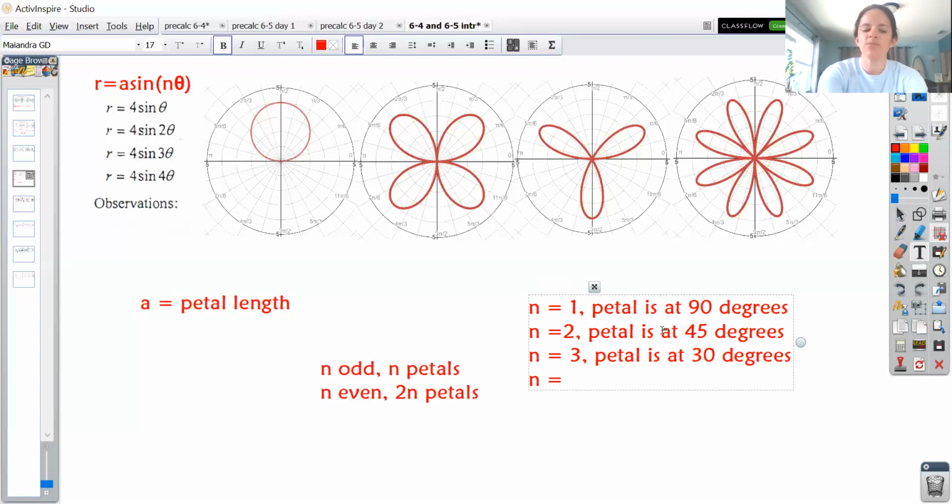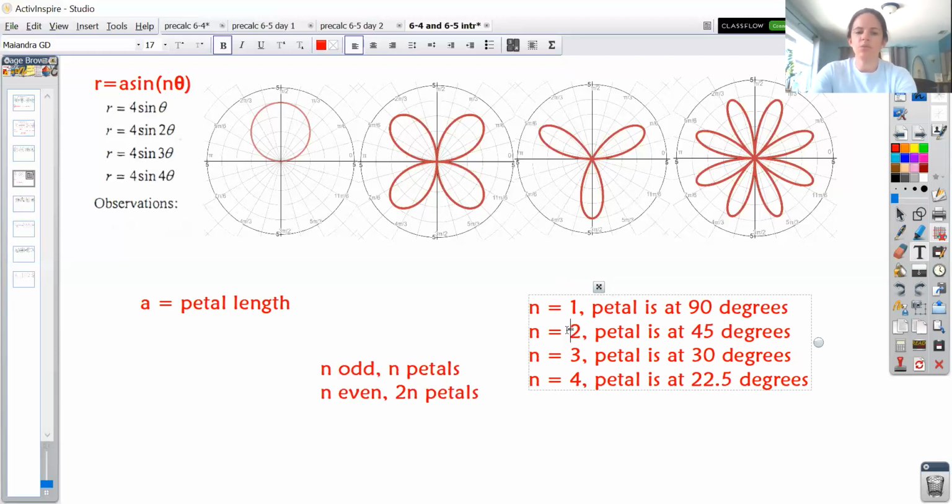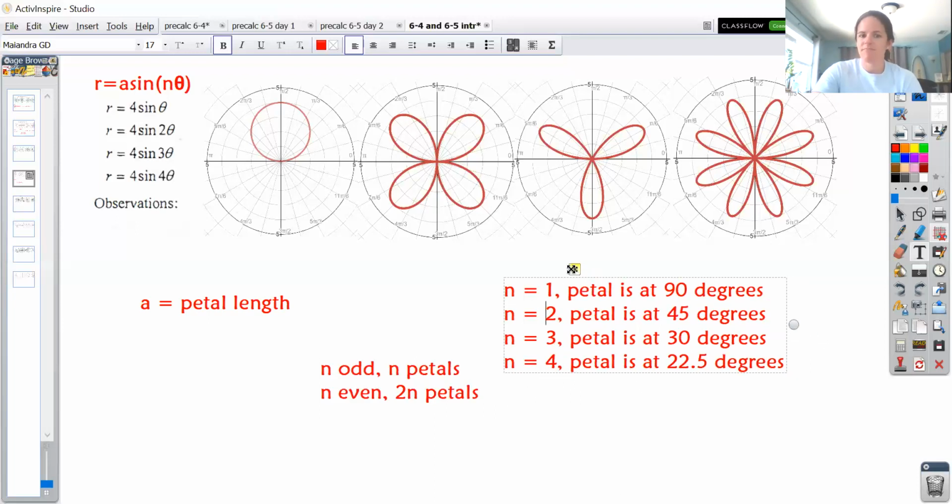And for n equals 4, the first petal, if you watch it graph, looks like it's less than 30 degrees, you can tell. So it turns out it's actually at 22.5 degrees. And so what's the pattern there? Well, I'm so glad you asked.